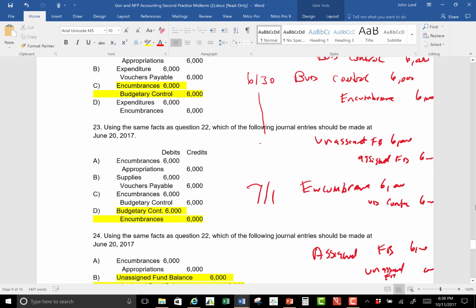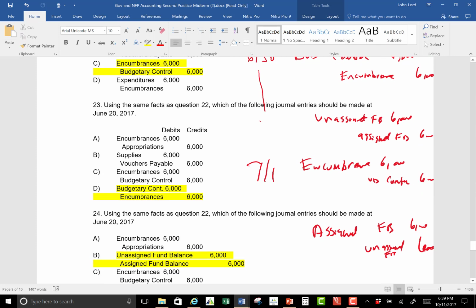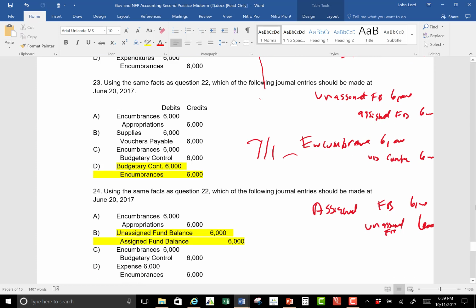For 6, that's a credit of 6,000. Okay, good. And then what do you want me to do on 7/2? So on 7/1, just to review here quickly, we debited encumbrance, credited budgetary control to put the encumbrance back, didn't we? And we put back the unassigned fund balance, right? So we just reversed what we had done at the end of the year. We reversed it at the beginning of the year. Okay, now what do you want me to do on 7/2? When the goods arrive?